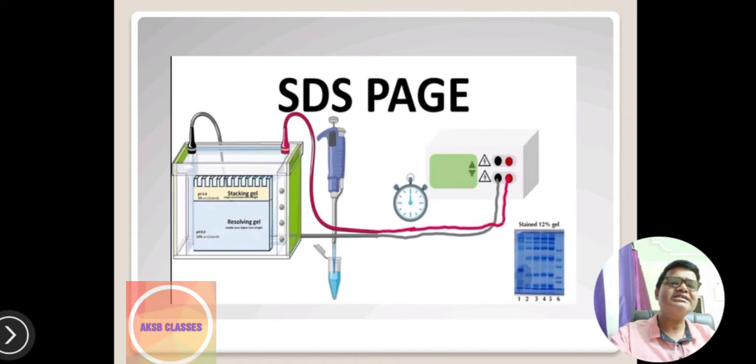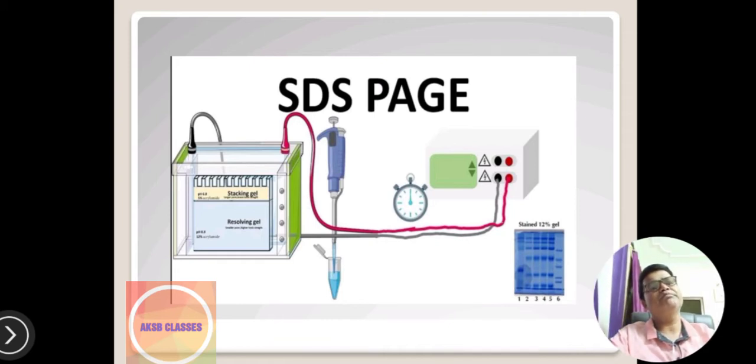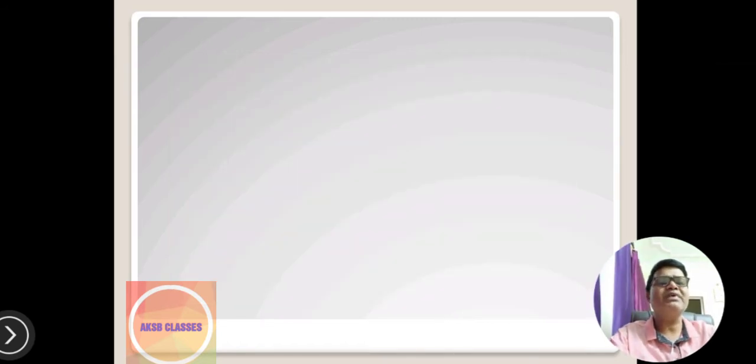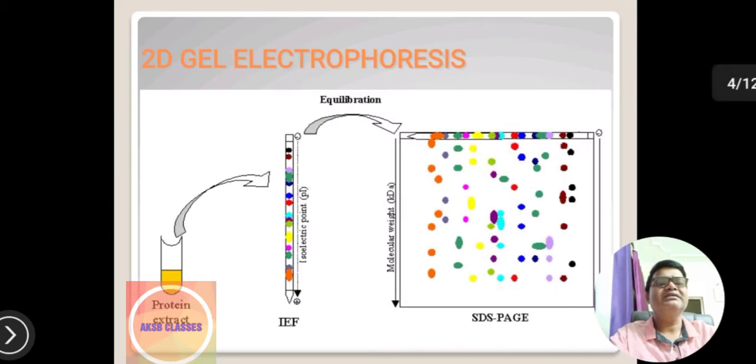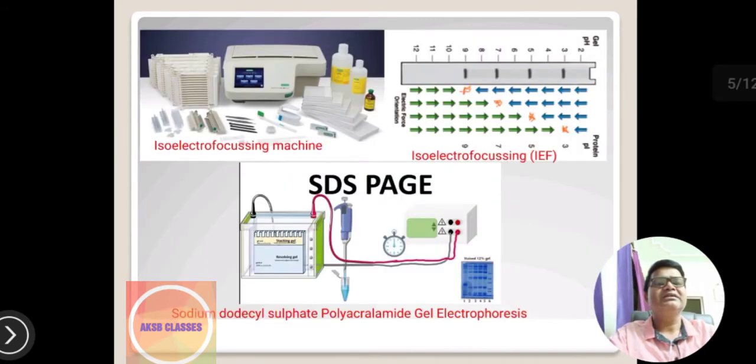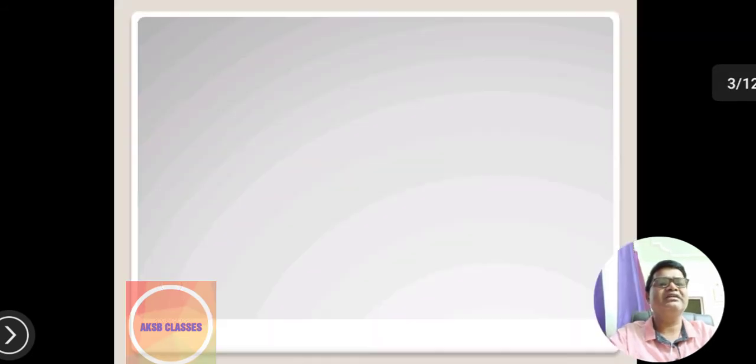So with the help of this polyacrylamide gel we can separate the protein after putting the protein sample inside the gel.